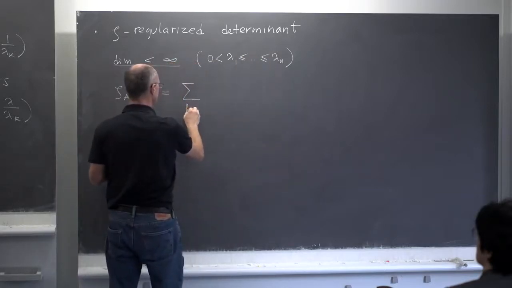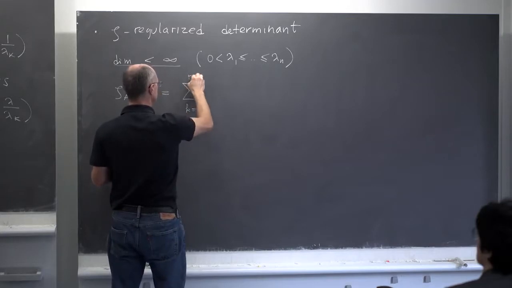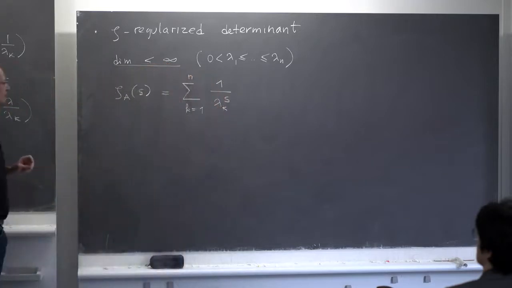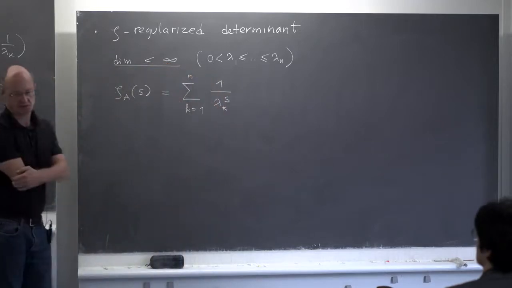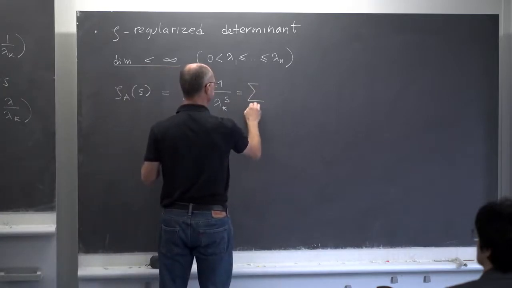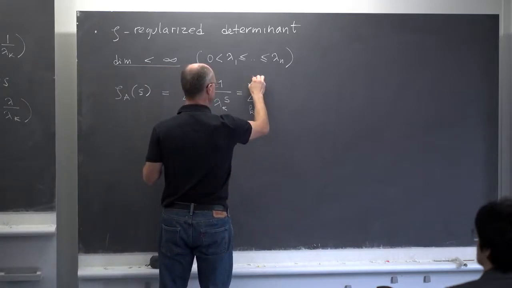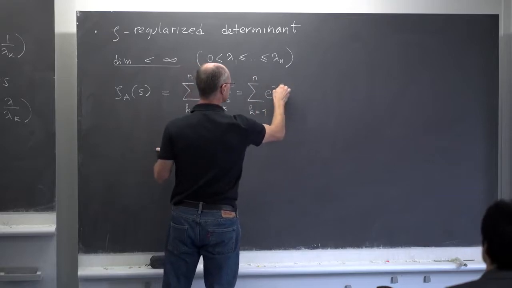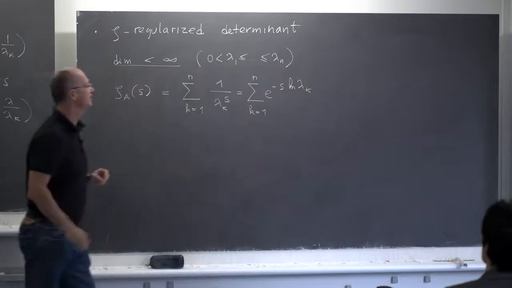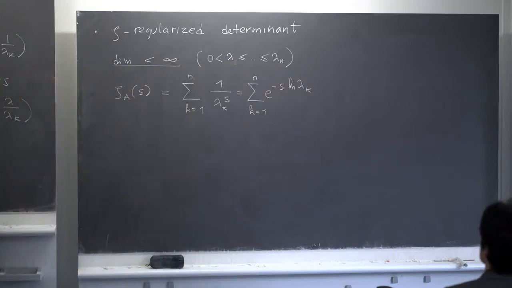So this will be the sum from 1 to n of 1 over lambda k to the s. Or I can rewrite it in this form: the sum of exponential functions of minus s times the logarithm of lambda k.